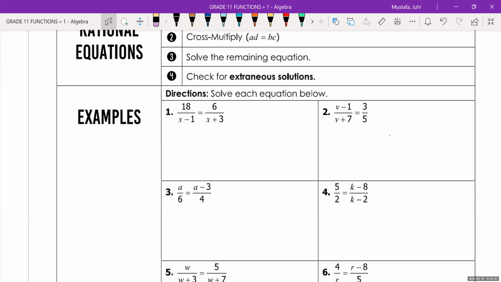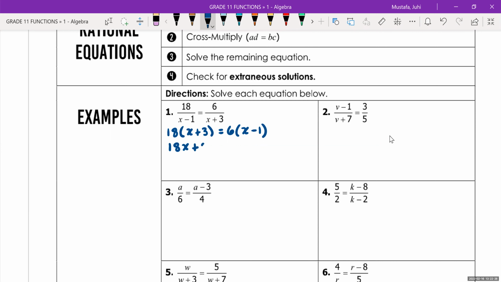We're going to go ahead and cross multiply. And when we do that, we have to remember to keep the binomials in brackets. So really what's going to happen is it's going to be 18 bracket x plus 3 is equal to 6 bracket x minus 1. And then from here, this is like good old grade 9 math. We're going to distribute the 18.